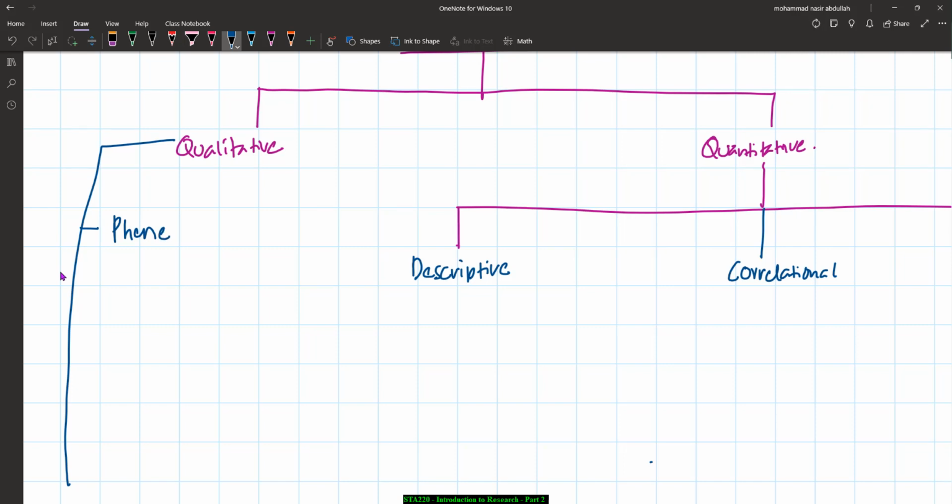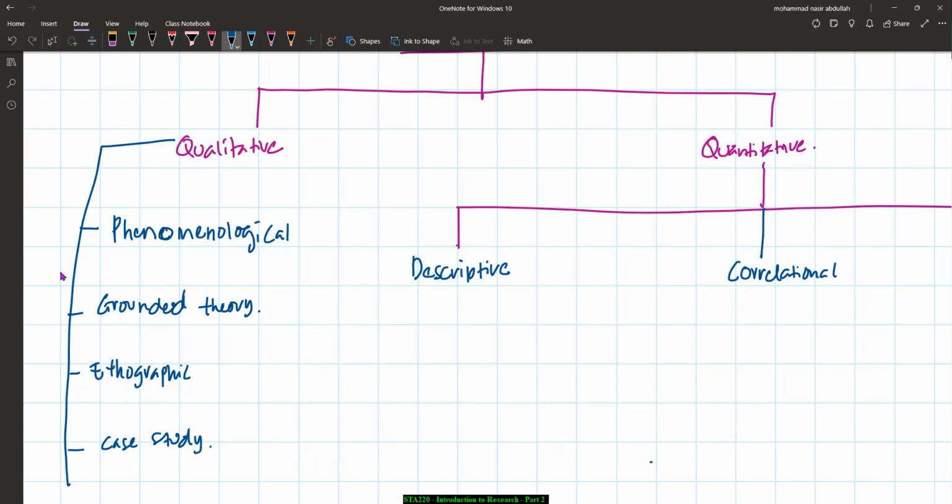We have phenomenological research design. We also have grounded theory, and we also have ethnographic, and last one we have case study, right?